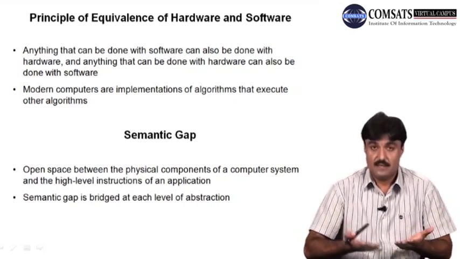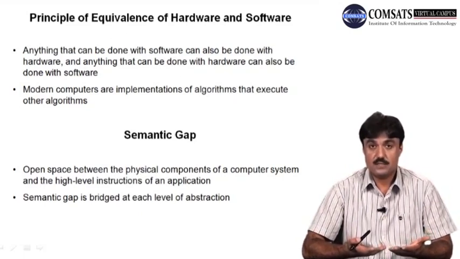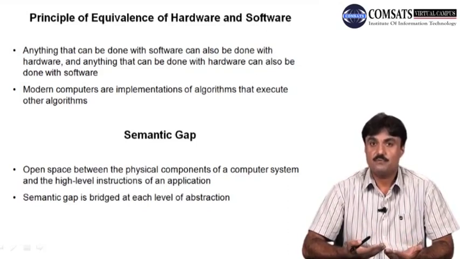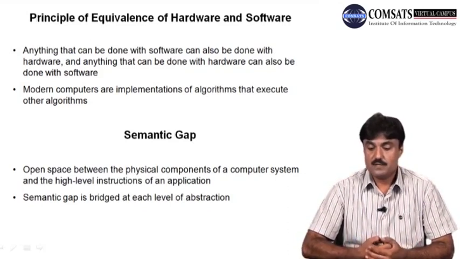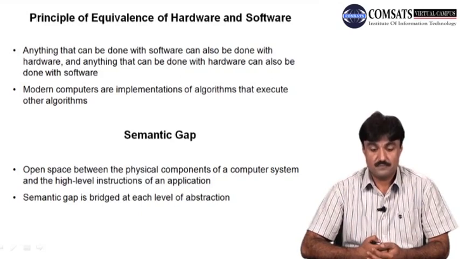So there is equivalence. Whatever computation or task you can perform with hardware, you can perform the same task with software also. In modern computers, there is an implementation of algorithms that execute other algorithms.